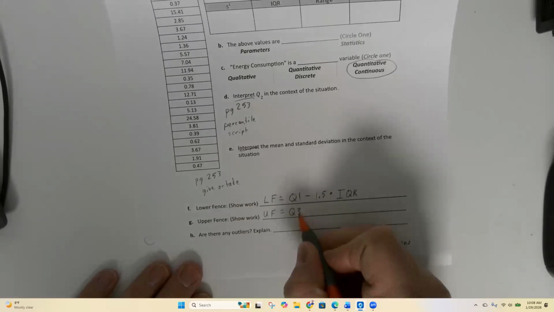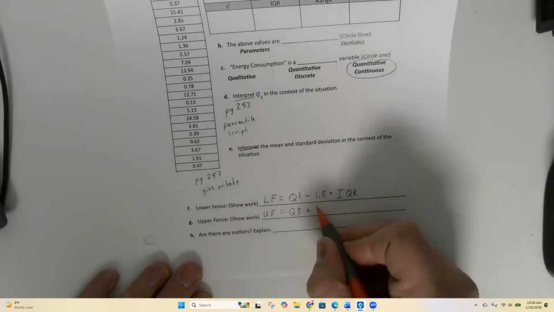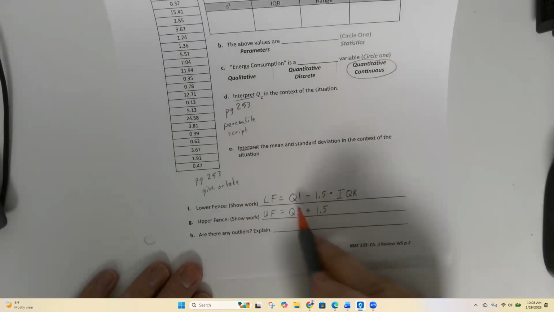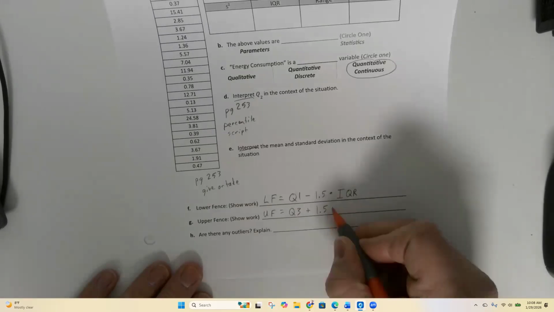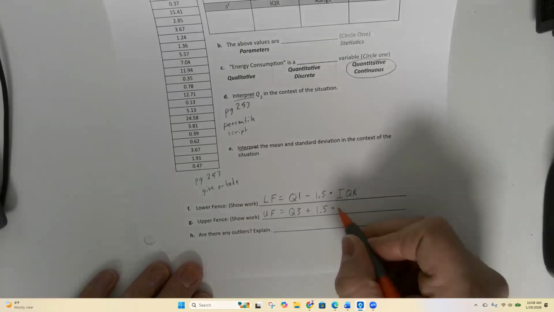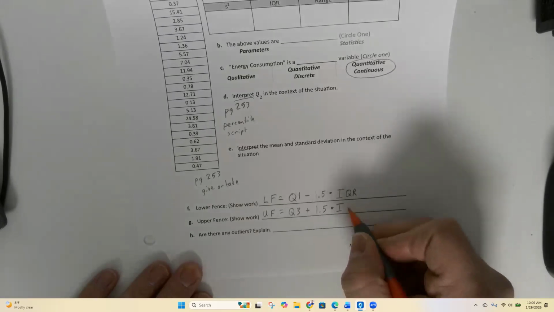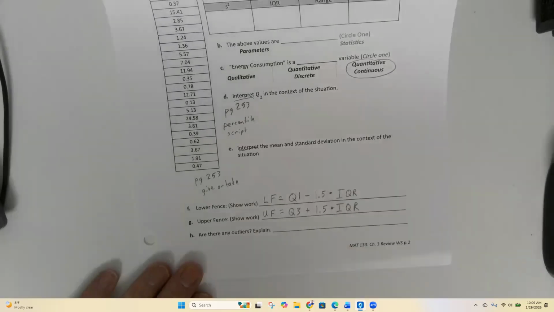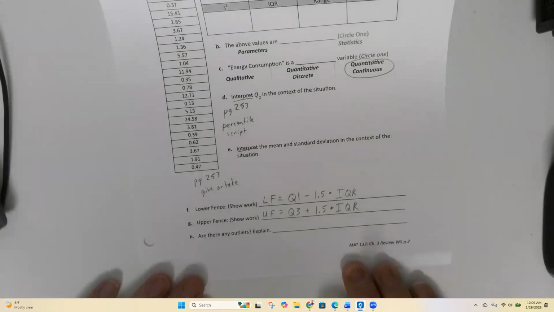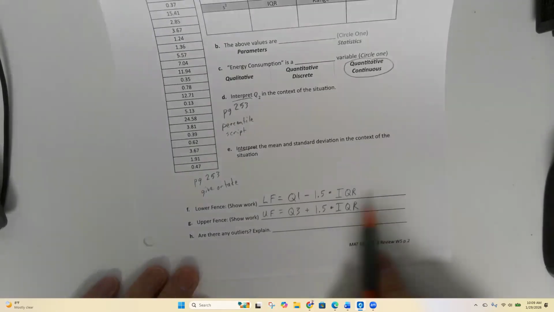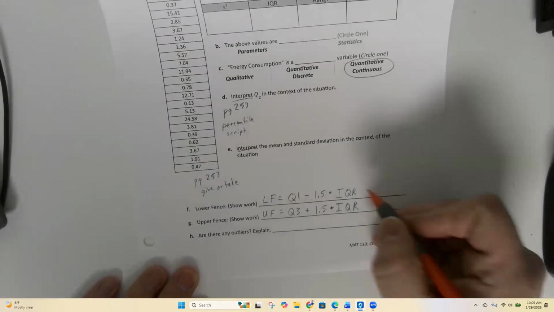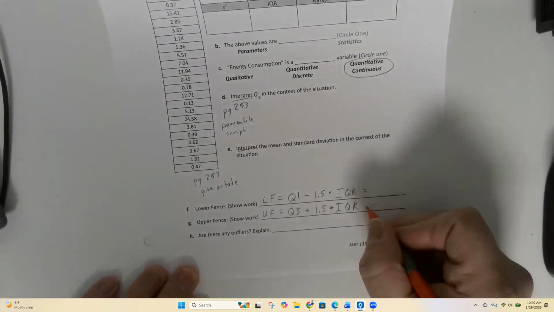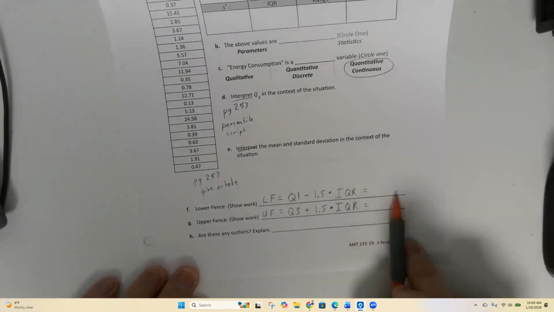The upper fence is very similar, except instead of Q1, we use Q3, and instead of a minus, we do a plus, times interquartile range. Okay. So this is not the answer, by the way. This is just the formula. So you have to actually give me a number.